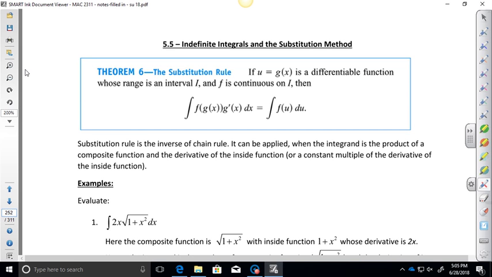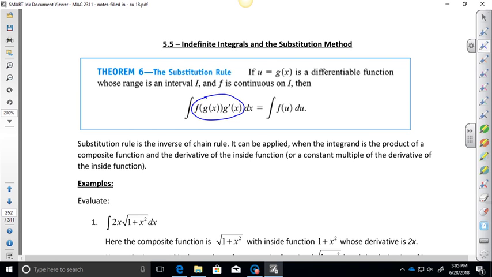Integration by substitution is actually the chain rule for integration. If we have an integrand in this format, a composite function f of g of x times the derivative of the inside, then you can use substitution.